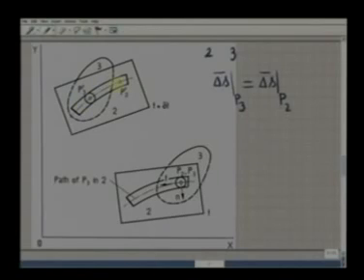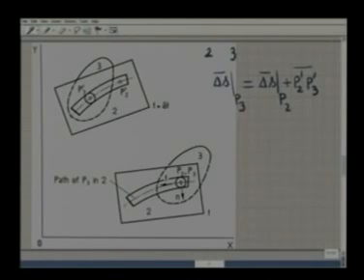This vector P3 P3 prime is P2 P2 prime plus P2 prime P3 prime, this vector, the vector P2 prime P3 prime.